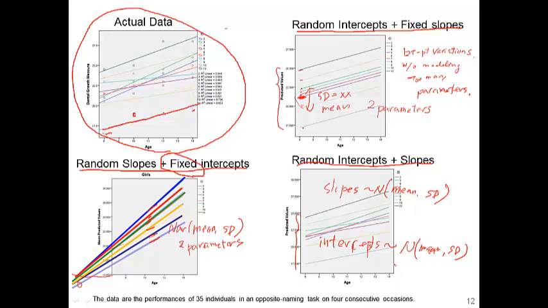So how many parameters do we need to estimate? 4 parameters. And then SPSS will select which structure best fits the data while not estimating too many parameters. So that's what we are going to do.